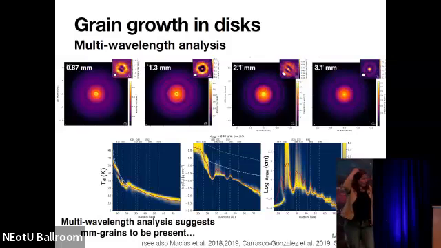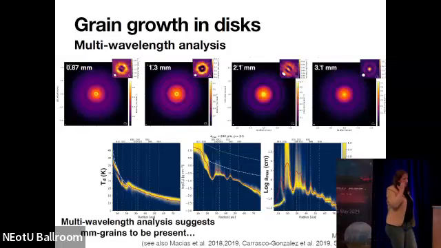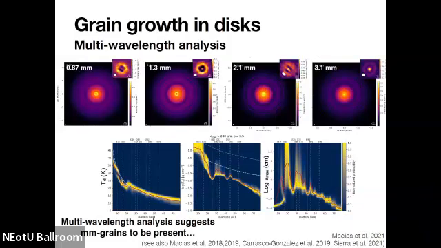So one of the things that we can do is studying the grain growth in disks. This is a method where we use multi-wavelength analysis, spectral index analysis, to say something about the grain growth in these various dust traps.